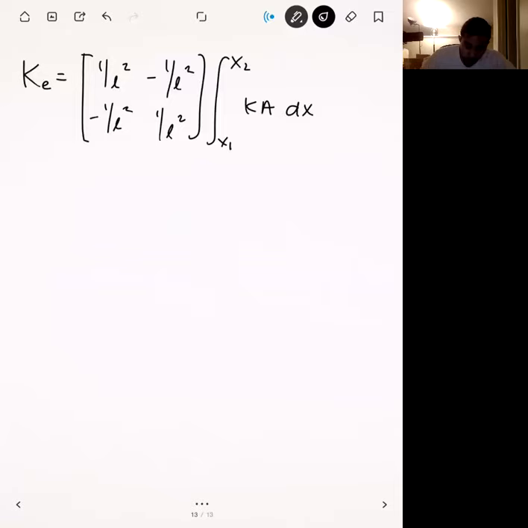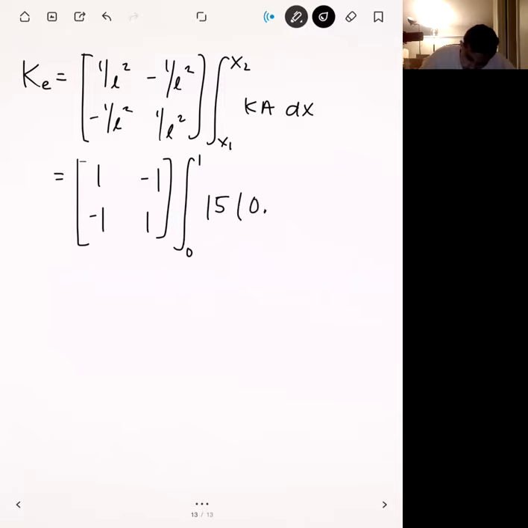All right, and so let's go ahead and plug in for K, A, and L. We plug in for L, we have 1 over 1 squared, which is just 1. So 1, -1, -1, 1. Plugging in for x1 and x2, we have integral from 0 to 1. Plug in K, we have 15. And then for A, we have 0.5 minus 0.1x dx.